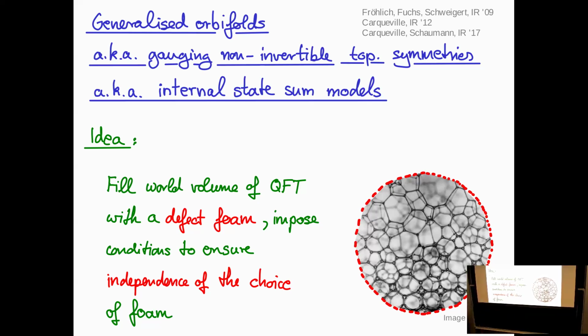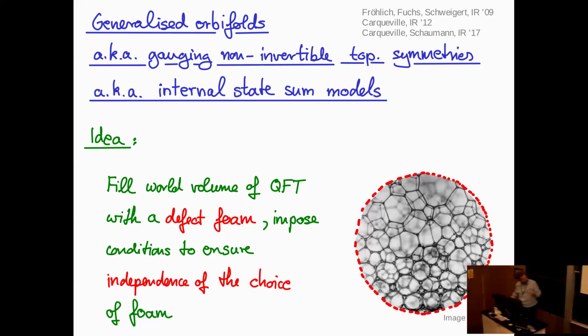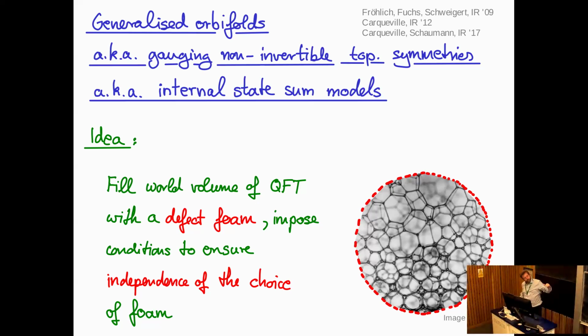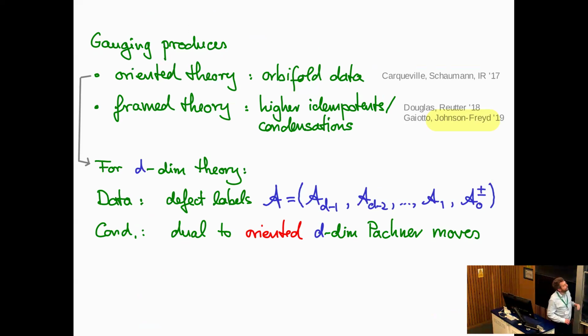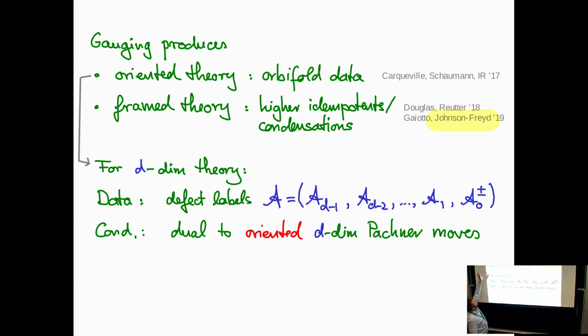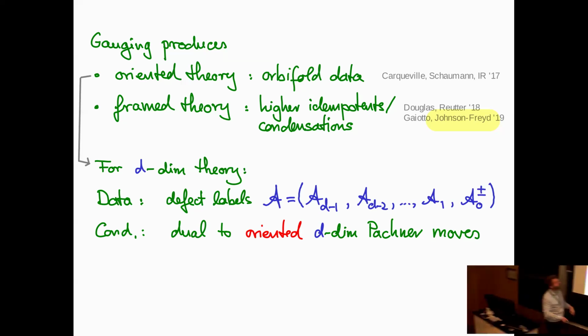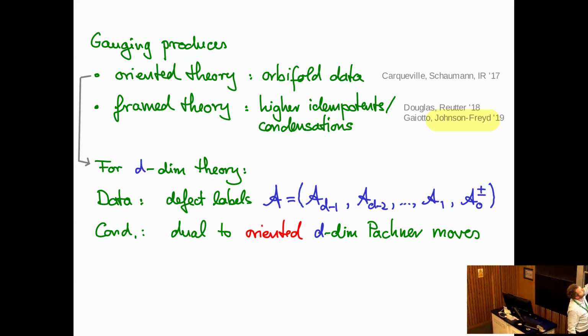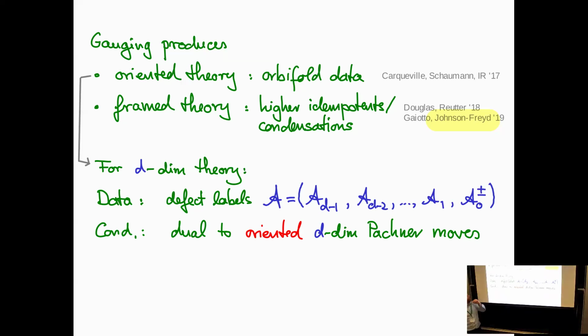And now I want to implement that in 3 dimensions and then specialize to the algebraic data of these Reshetikhin-Turaev type theories. One can take different paths depending on what kind of output theory you want. I want to get an oriented theory back when I start from an oriented theory, so that's what I will do, but other formalisms are available.